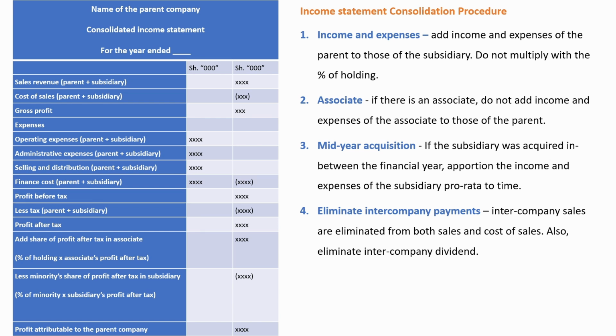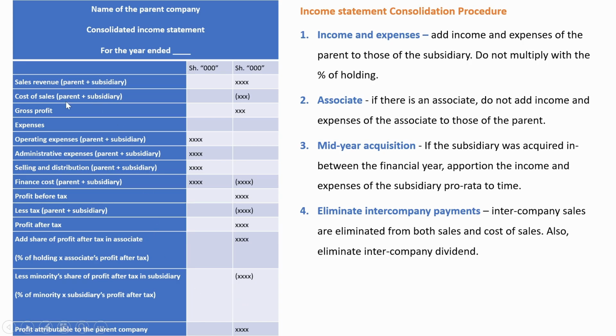Since it is the same amount, it is supposed to cancel out. So go to the investment income, if you have it, deduct dividend from subsidiary, also dividend from associate, and then in the consolidated income statement, you're not going to deduct any dividend paid by subsidiary.